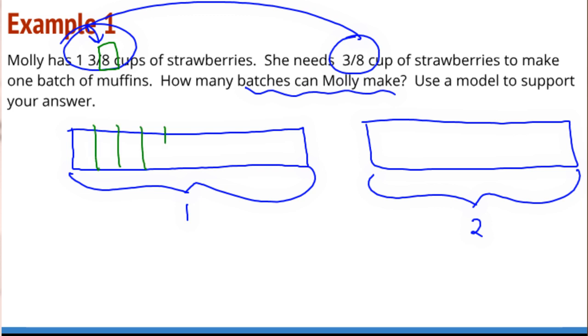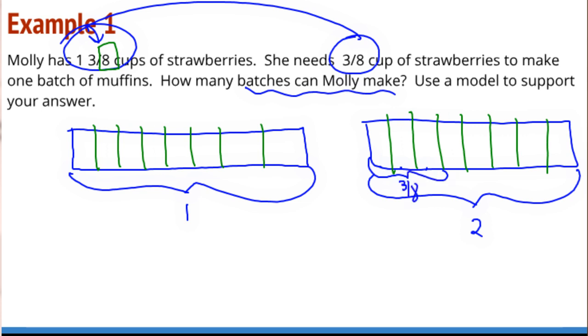1, 2, 3, 4, 5, 6, 7. And I need to find where that 3/8 is. 1, 2, 3. Okay, so there's my 3/8. So I have 1 full cup right here, and I have 3/8 of a cup here, and I am going to make groups of 3/8.